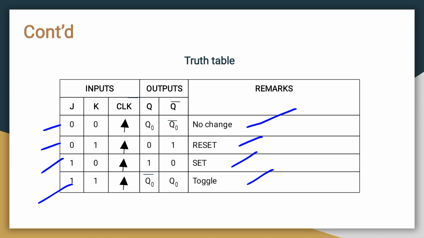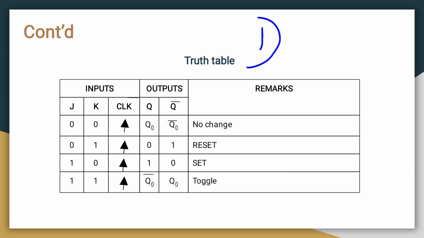The first condition is when the clock is at the rising edge. For this rising edge, the master is active, but the slave is in the inactive state. Clear?